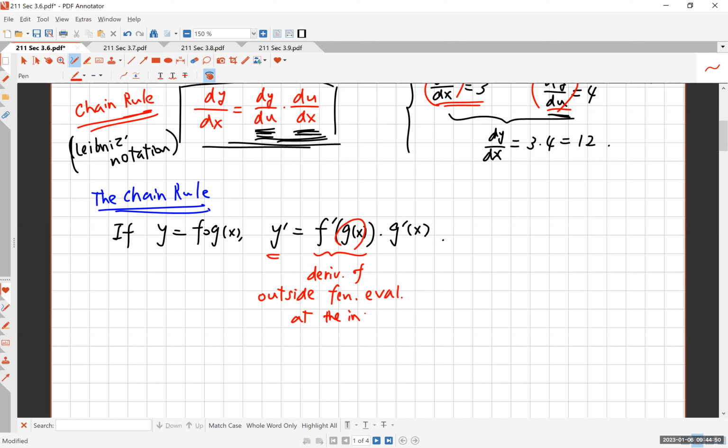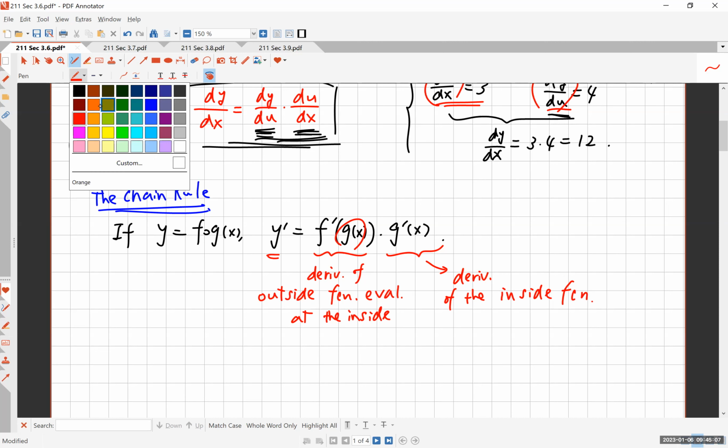See, g of x is the inside function. Followed by, multiplied by, the derivative of the inside function. It looks confusing, but it's not as bad as it appears or it sounds.